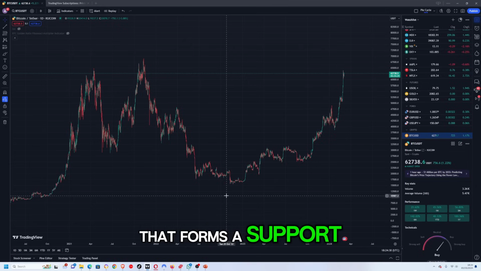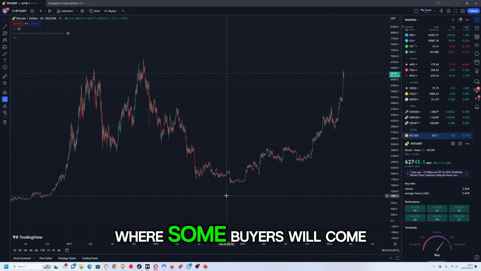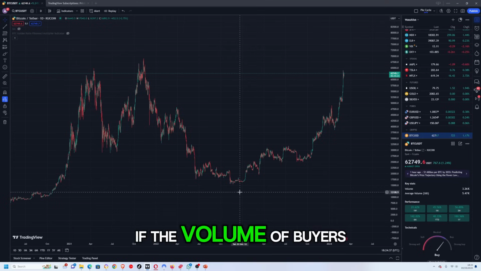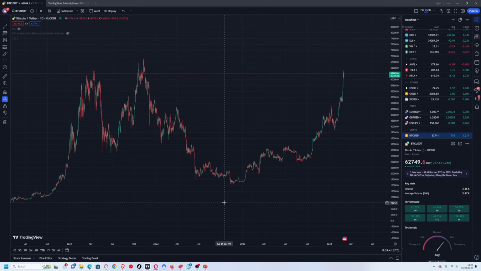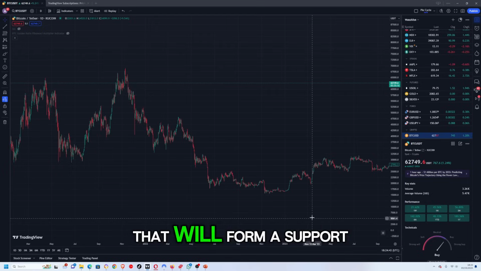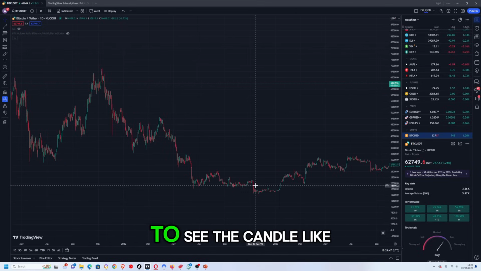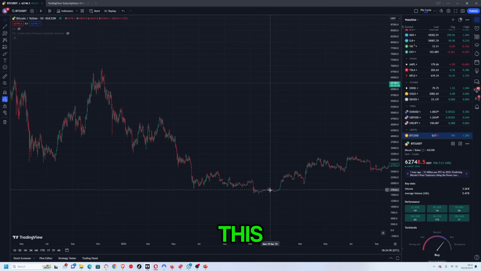That is called a support, where some buyers will come in and put in buys. If the volume of buys is higher than sellers, that will form a support zone, and then you will be able to see the candle like this.